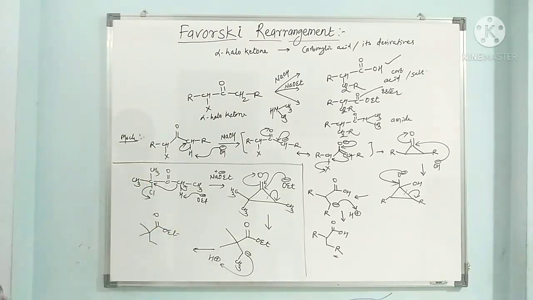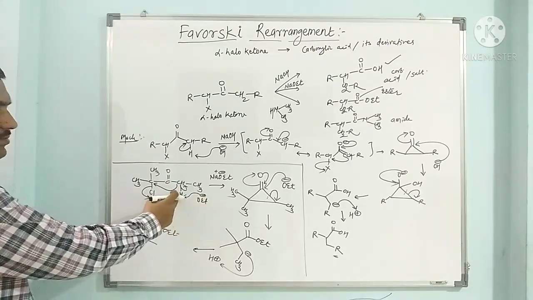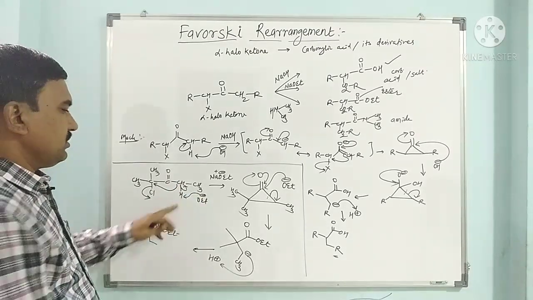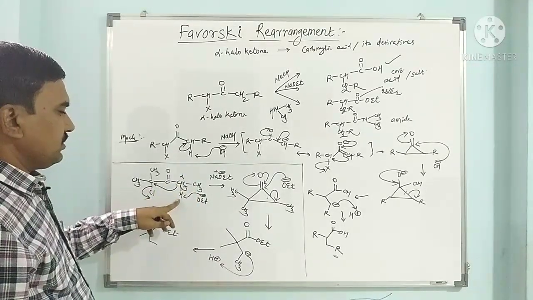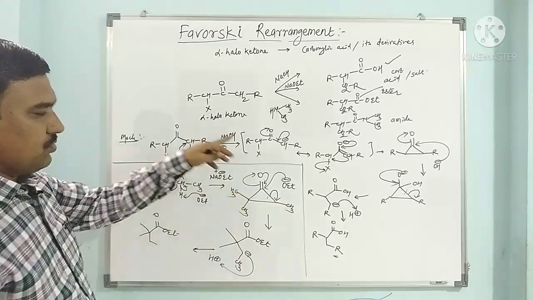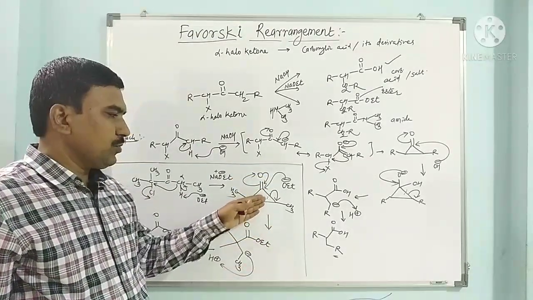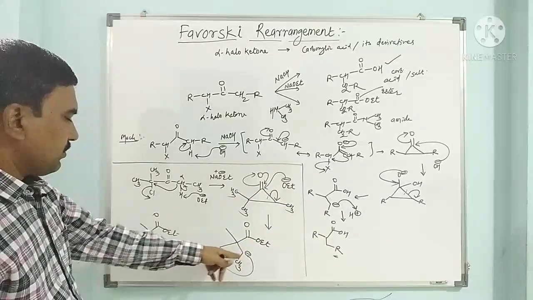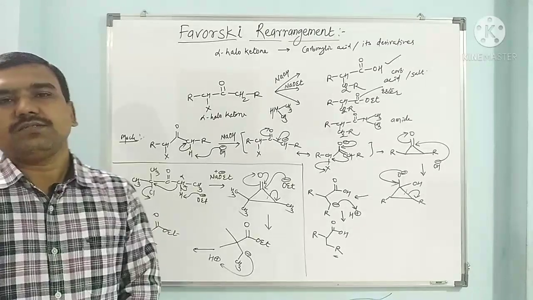So this is here the Favorsky rearrangement, in which this base abstracts the alpha hydrogen, this is the alpha carbon, other alpha carbon. So this alpha hydrogen is lost and it forms a carbanion. Through the enolate it gives a cyclopropanone derivative intermediate. This cyclopropanone intermediate is converted to a carbanion, followed by abstraction of a proton gives the ester.